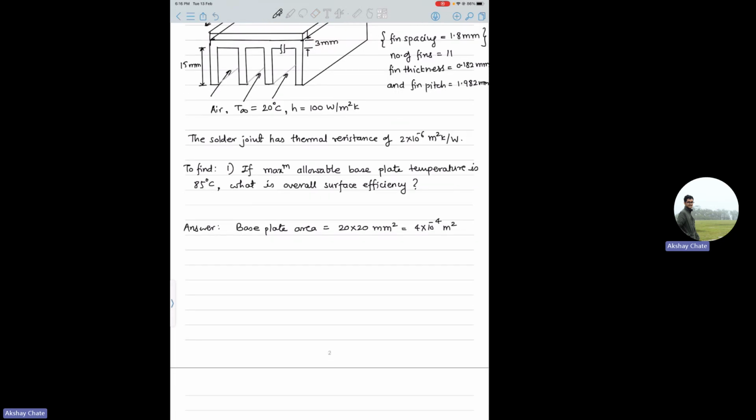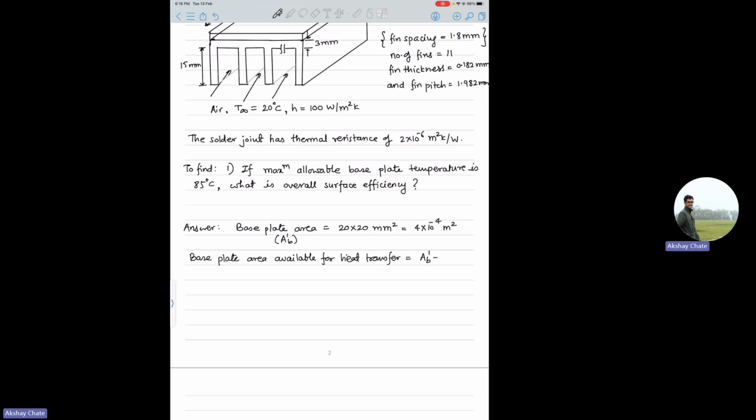But out of this area, what is the area available for heat transfer from the base? So base plate area available for heat transfer. So that will be total area minus, let's say if I call it as AB prime, total area minus fin area, right?